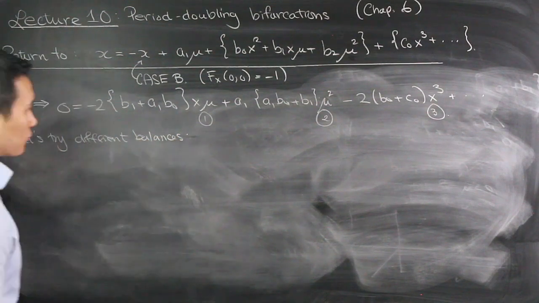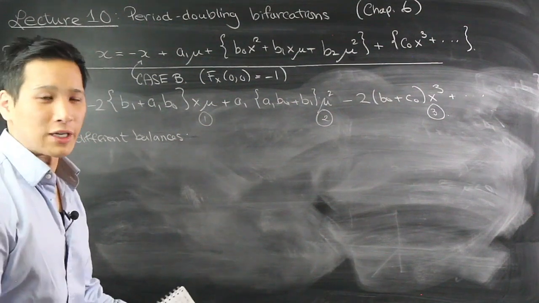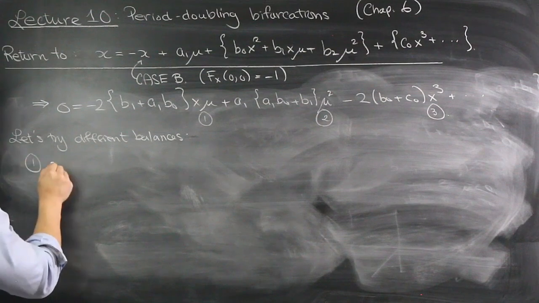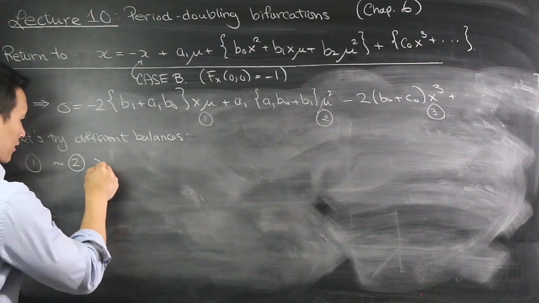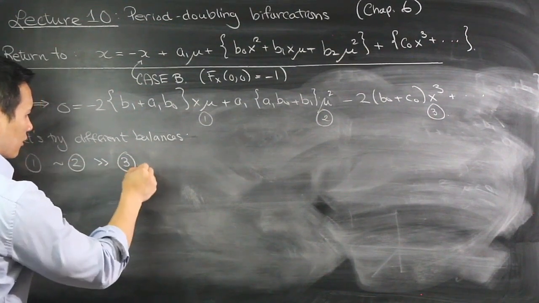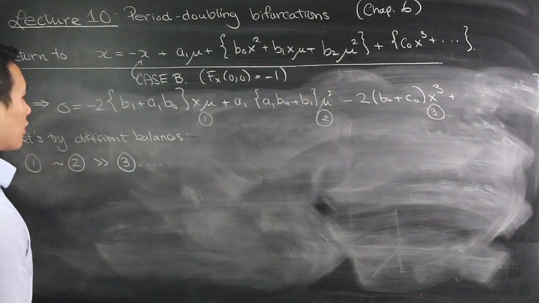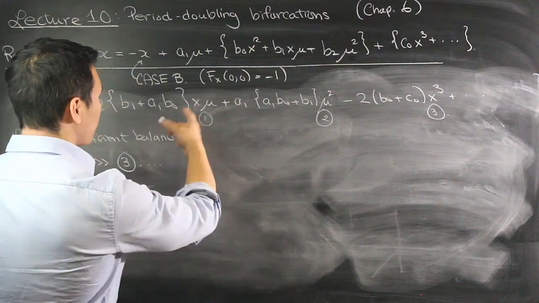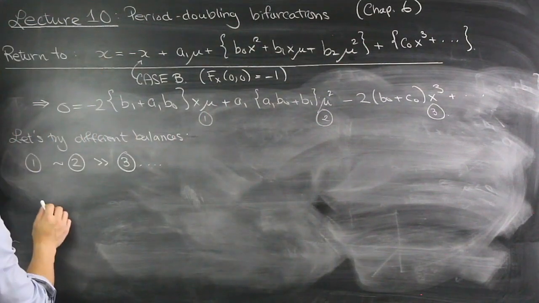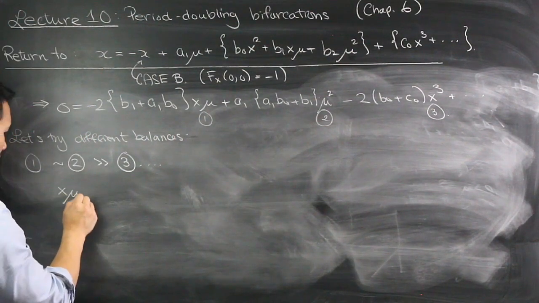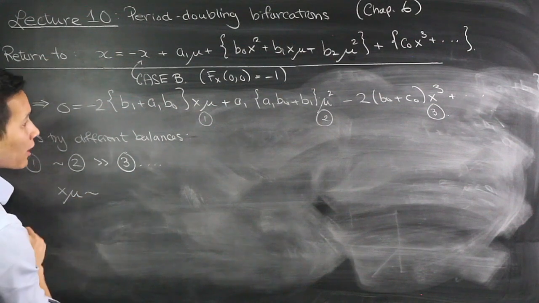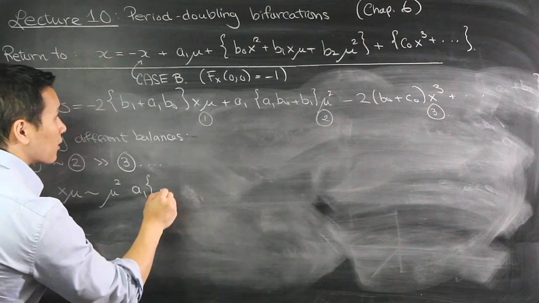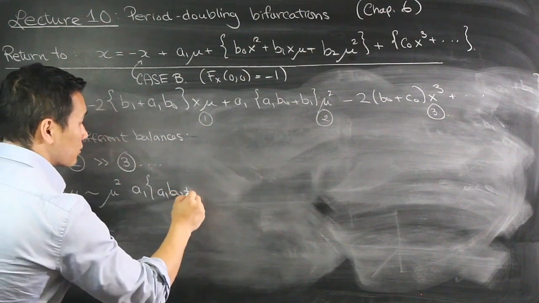So without any intuition, just try 1 and 2 together, I guess, just because they're close. They're the most immediate ones, and then take that to be much larger than 3 and 4 and so forth and so on. Okay, so if you try 1 and 2 together, you solve for x times mu. So you're going to have on the left-hand side, x times mu is like a mu squared, and then a1, and then a1 b naught plus b1.